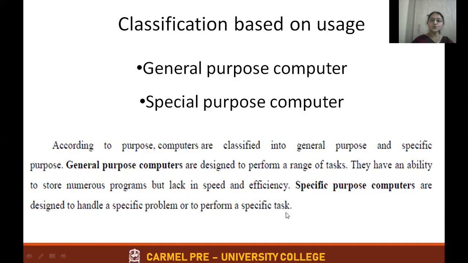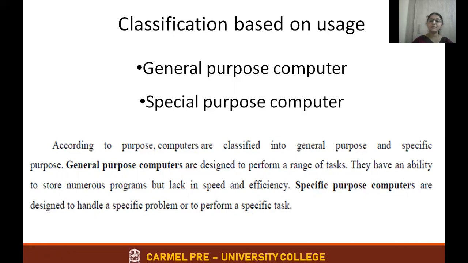Like you use certain computers to take ECG readings or in health hospitals. It's not a general PC I'm talking about, but certain computer machines that are used only for specific purposes. There you can't do normal calculations what we do in our PC.